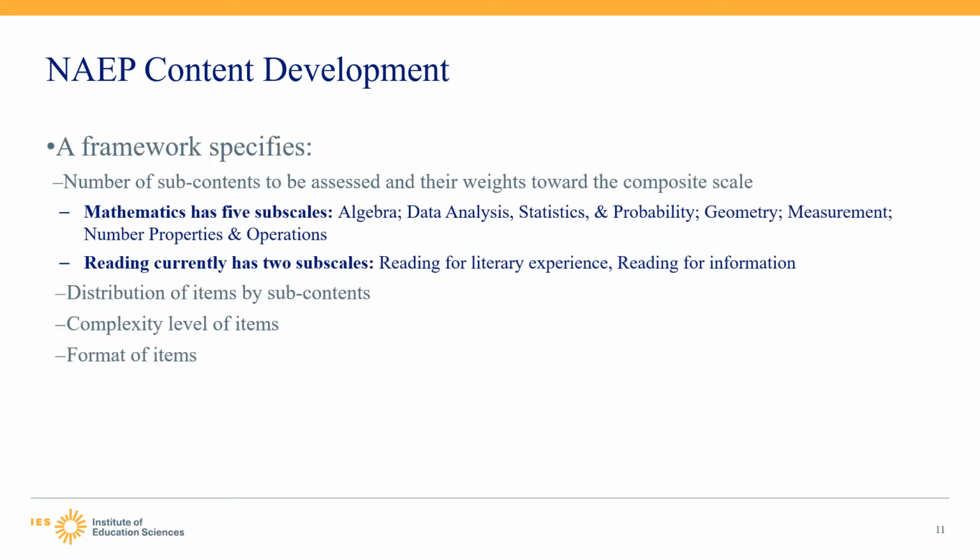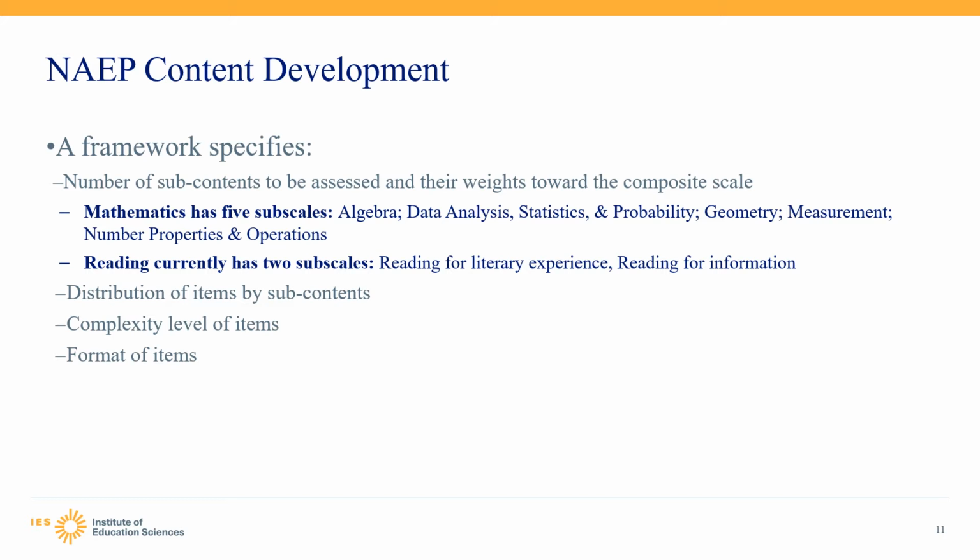A NAEP framework specifies many aspects of the content targeted for assessment. The framework identifies the number of subcomponents, sometimes referred to as subscales, and the weight of each subscale to the overall scale for an assessed content. For example, the framework identifies 5 subcomponents for mathematics and 2 subcomponents for reading.